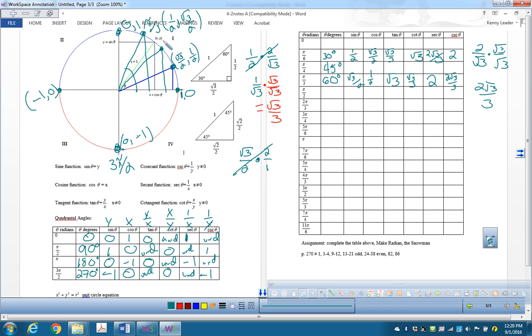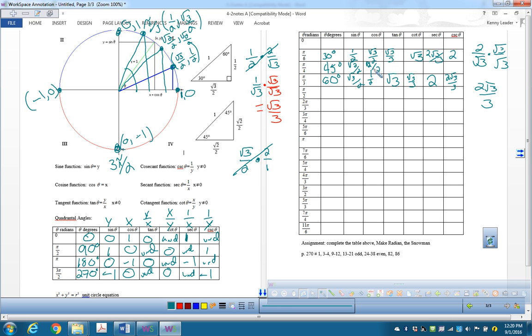So this is root of 2 over 2, comma, root of 2 over 2, right? And so sine is root of 2 over 2. Cosine is also root of 2 over 2. Sorry, my picture's kind of not too clear.